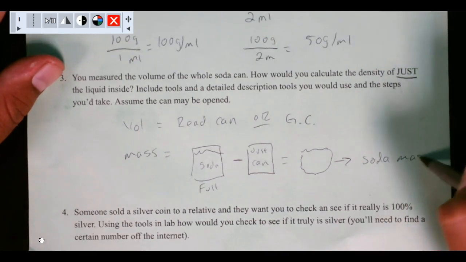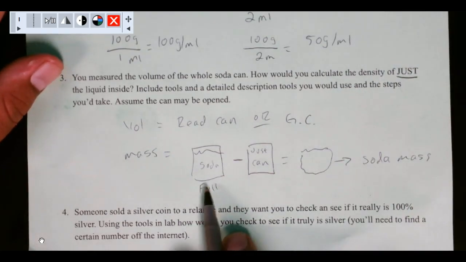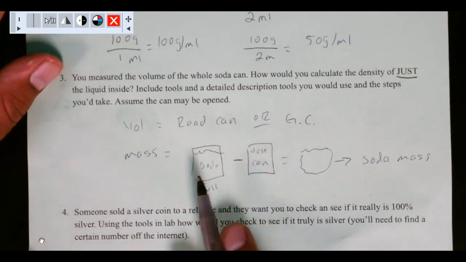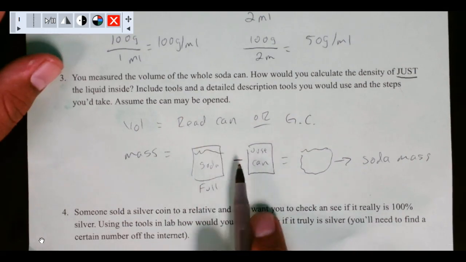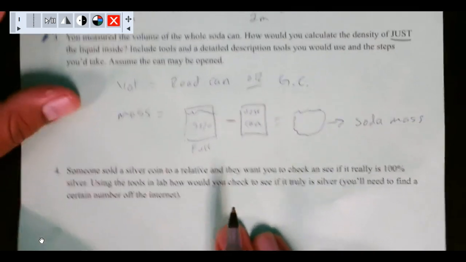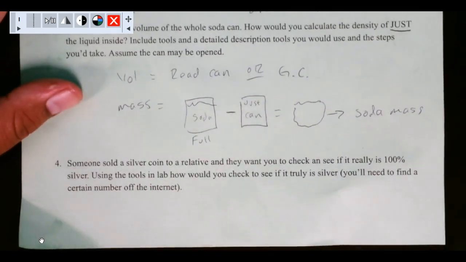Now, some of you said, okay, what happens if you measure the weight of a beaker, pour the soda into the beaker, take this minus the empty beaker? Basically the same thing.